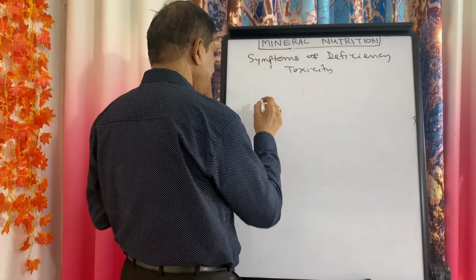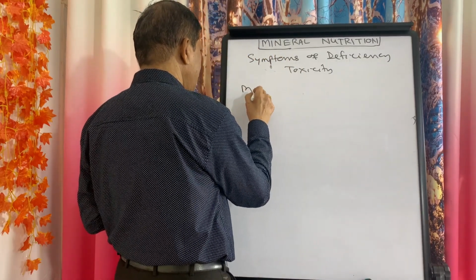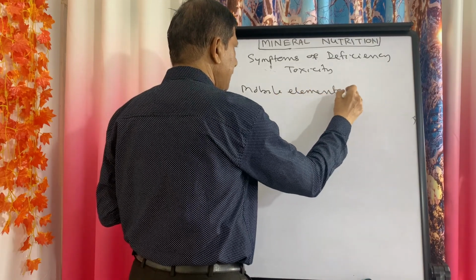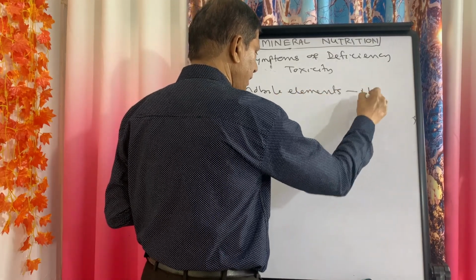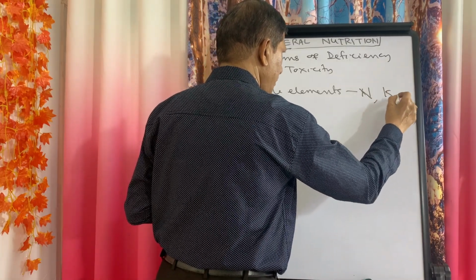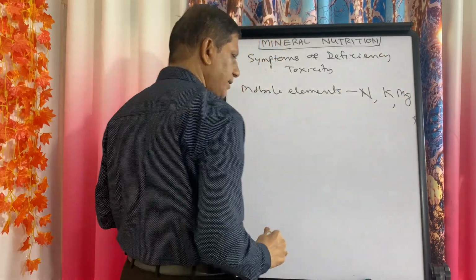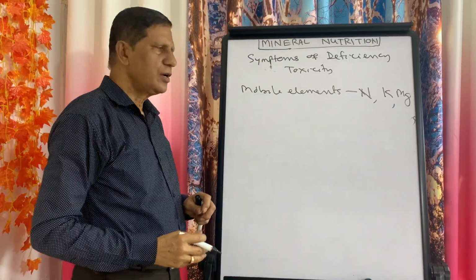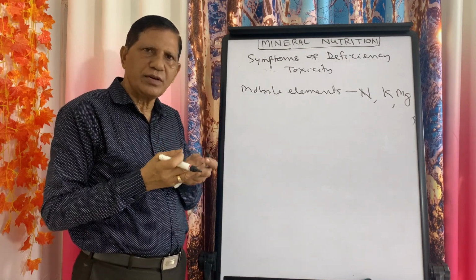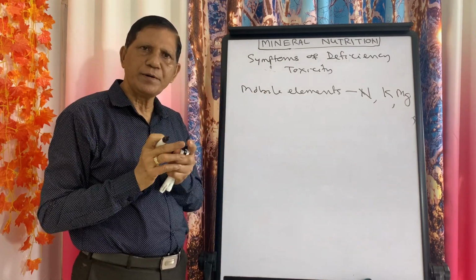Suppose let us take the example of mobile elements. The examples of mobile elements are nitrogen, potassium and magnesium. Since these are mobile, after absorption by the roots they will move to the top part of the plant body.